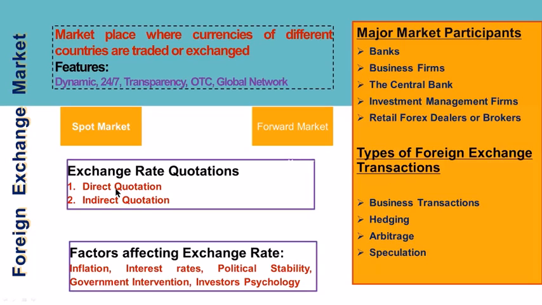Say, how you quote rupee against dollar, or how you quote dollar against yen. That is quotation. You are quoting the rate at which you are ready to supply dollars if the other currency is rupee. That's what we call exchange rate quotation.